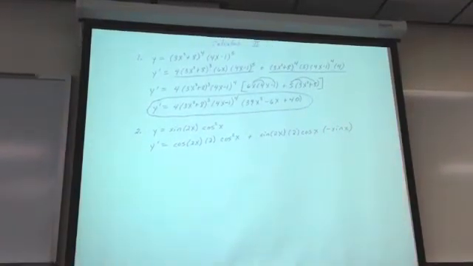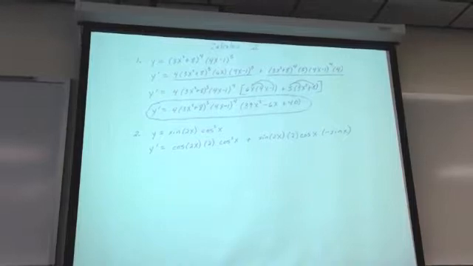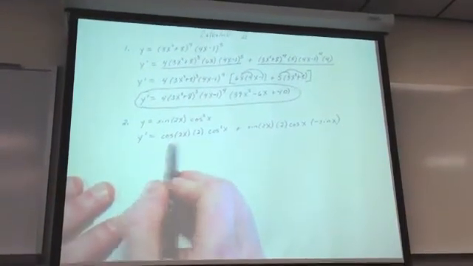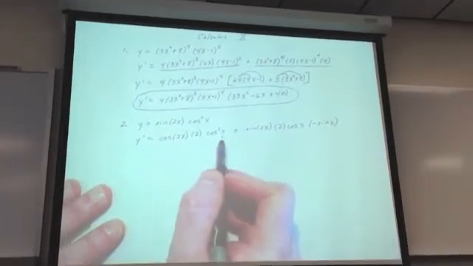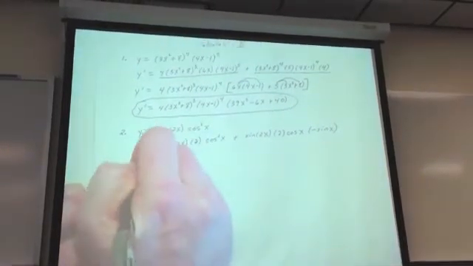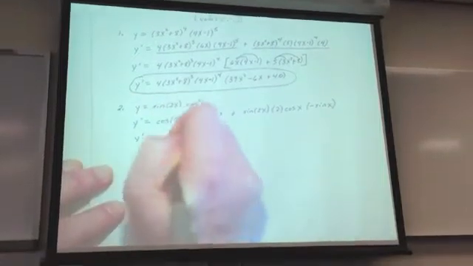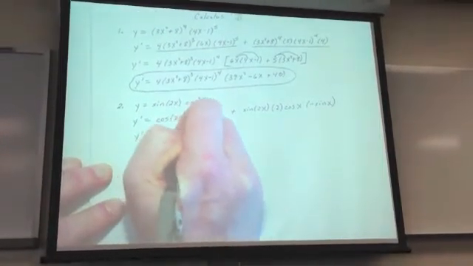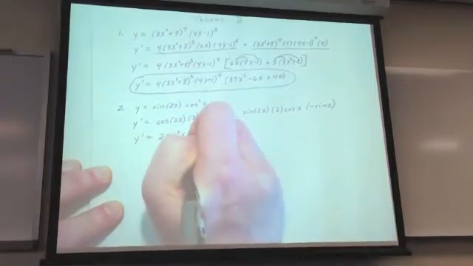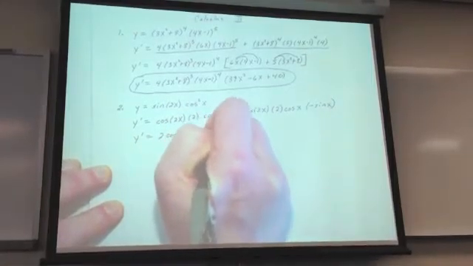Now, once again, we need to simplify. You cannot multiply terms of different angles, so can't do anything with that. So I'll just say y prime is 2 cosine squared x cosine 2x.